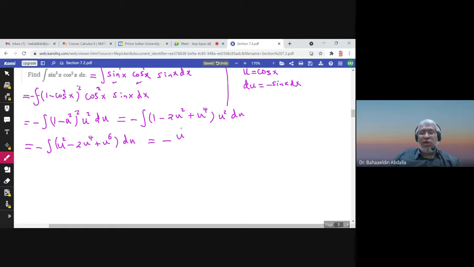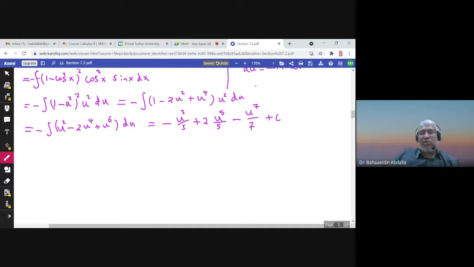Integral of u squared is u cubed over 3. And this minus sign will change minus 2 to plus 2, u to the power 5 over 5. And this minus sign will change this plus to minus, and the integral of u to the power 6 is u to the power 7 over 7 plus c. What is u? u is cosine x.